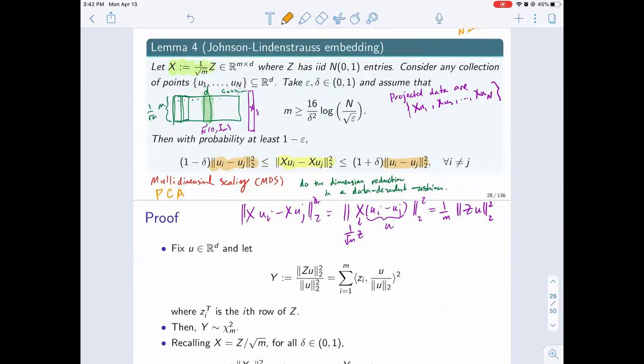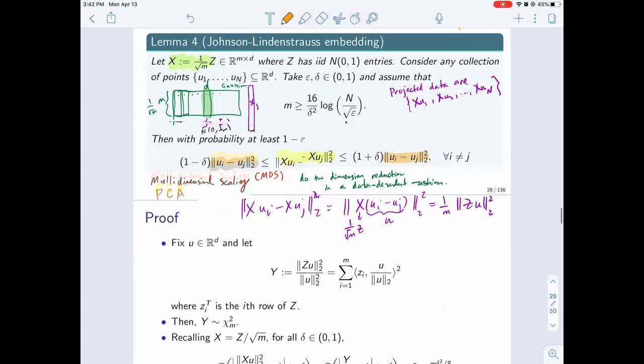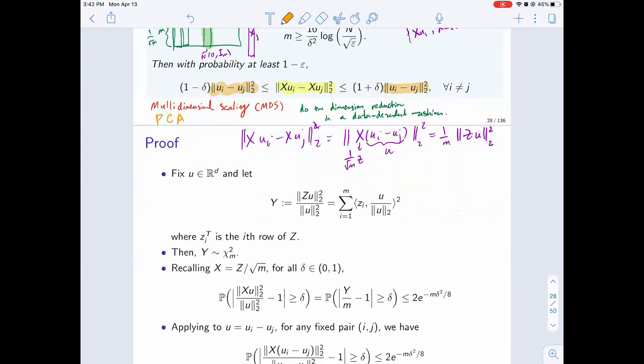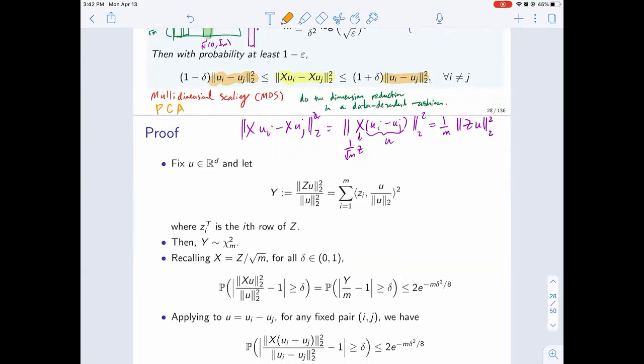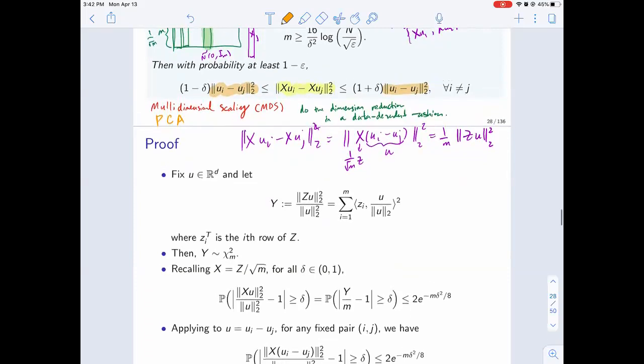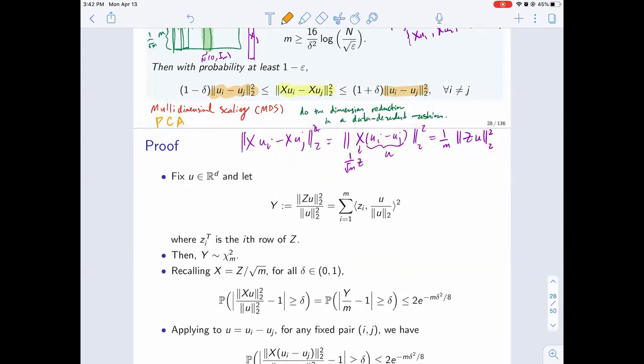Okay. So other questions maybe before? Okay. So now let's recap what the argument was. You start from a tail bound. You pick one specific ui and uj, fix that, and then I want to control this quantity, which is x times ui minus uj.